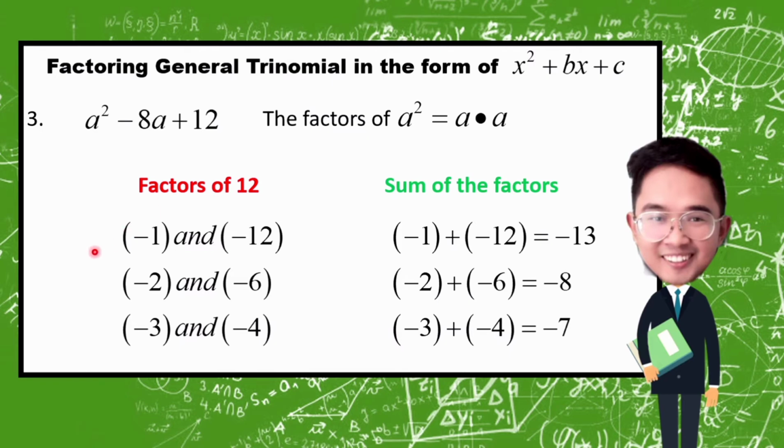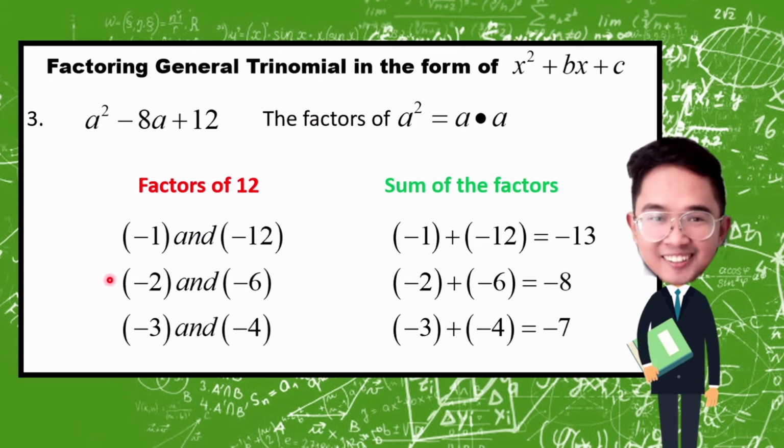Why is it we only list negative 1 and negative 12, negative 2 and negative 6, and negative 3 and negative 4? It is because the sign of the middle term is negative. We need two negative numbers whose product is positive 12 and whose sum is negative 8.